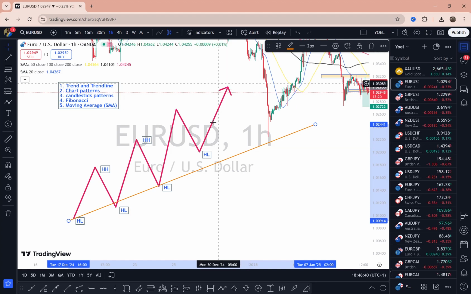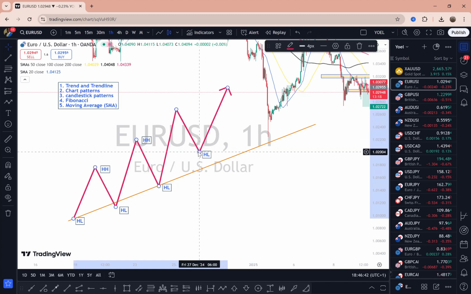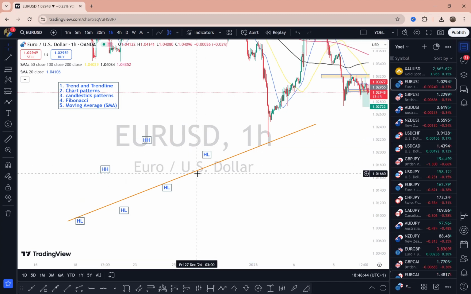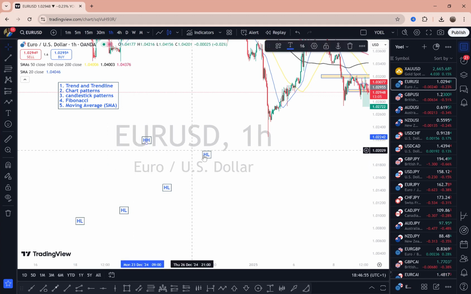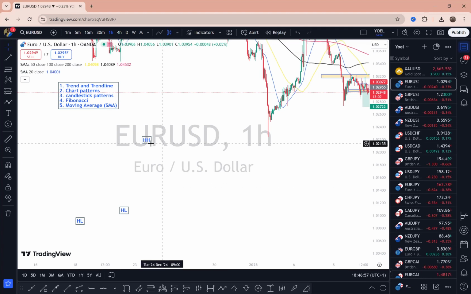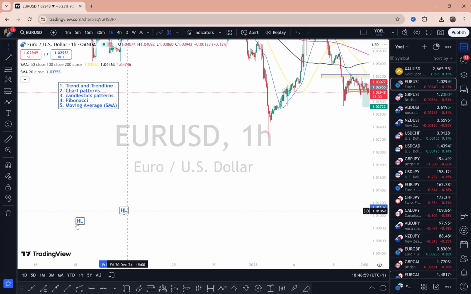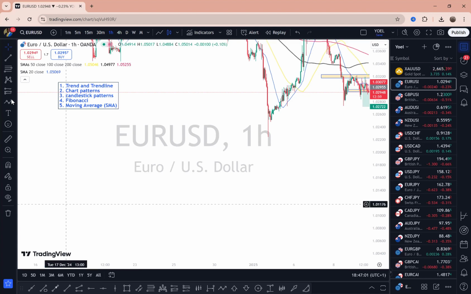Now, the same thing applies to the downtrend.